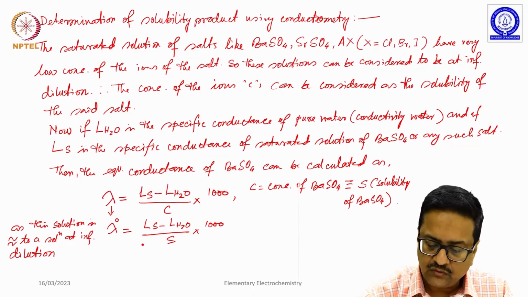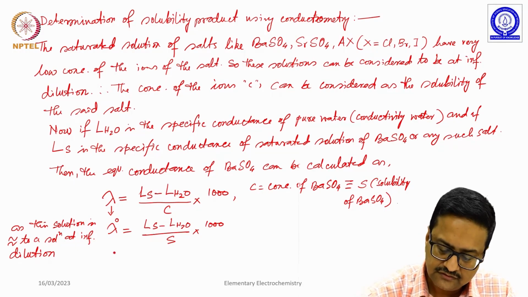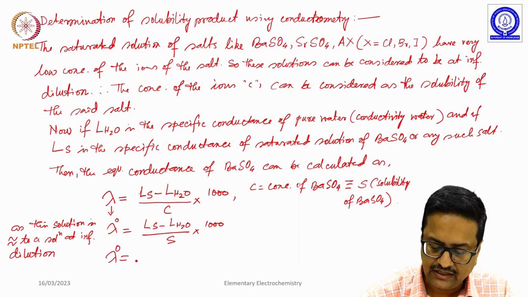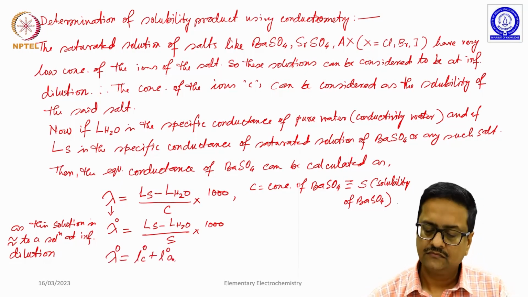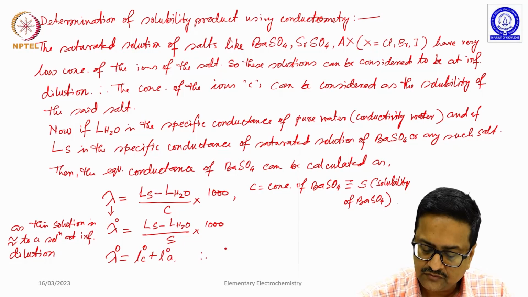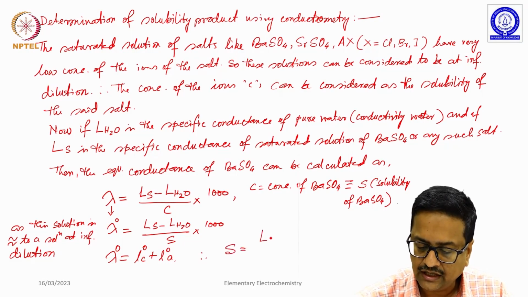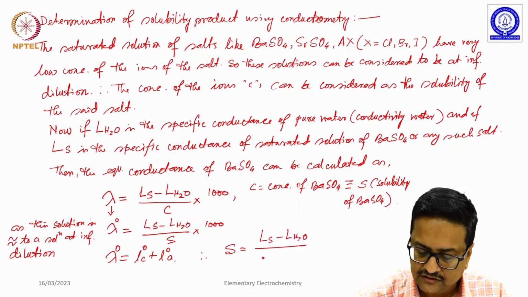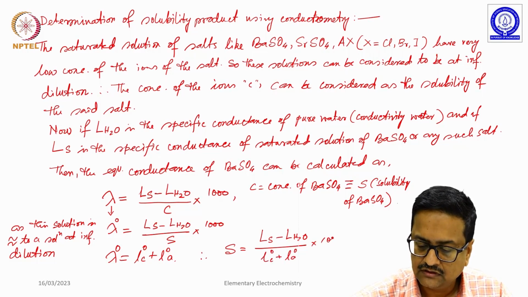So, now what do we know? We know that lambda 0 can be written as L0C plus L0A. Therefore, the value of solubility can be calculated by Ls minus L water divided by Lc0 plus La0 into 1000 in gram equivalent per liter unit.